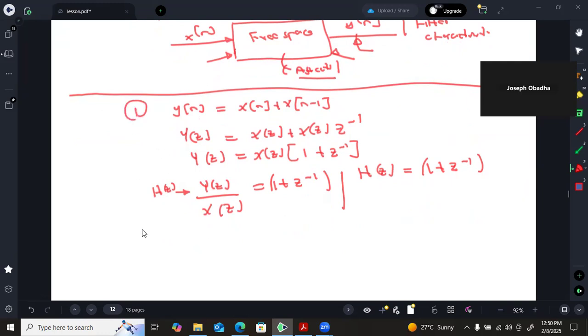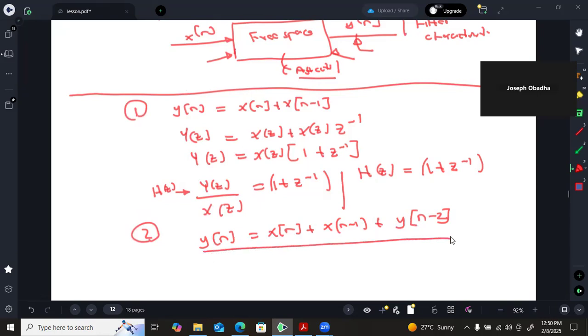So let's compare it with the second function, so that I have y of n equal to x of n plus x of n minus 1 plus y of n minus 2. Let's see if we get the transfer function of this.